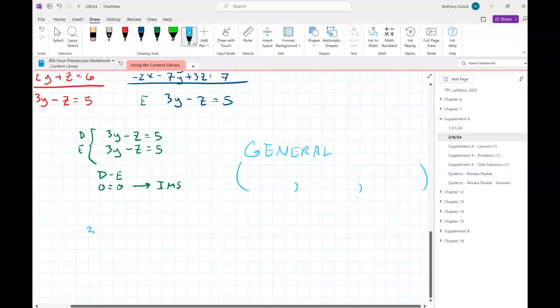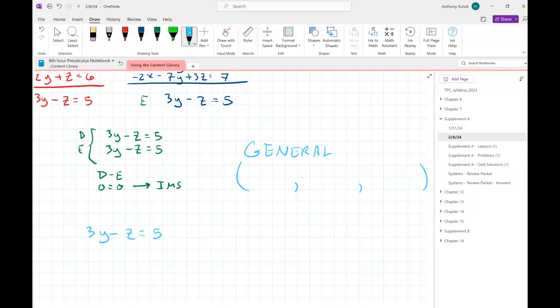So to get that, I'm just going to start with one of my two variable equations, and I'm going to isolate one of the variables. If you had your choice, which one would you rather isolate, z or y? Z. Why don't you want to mess with y? You have to make a fraction, and let's just not, right?